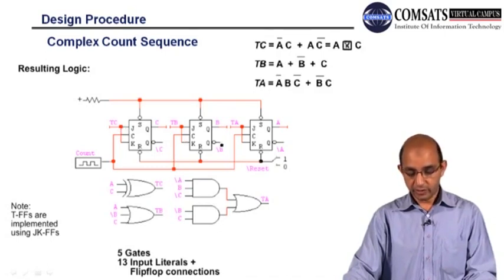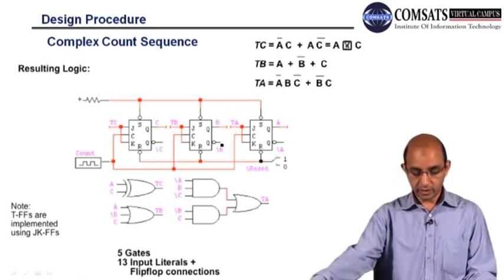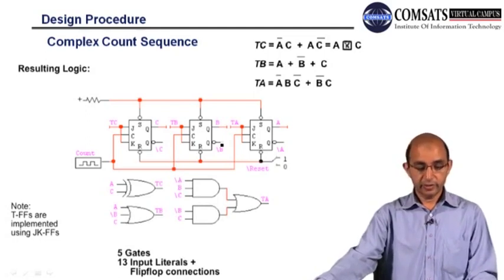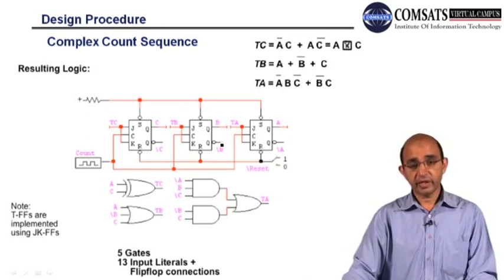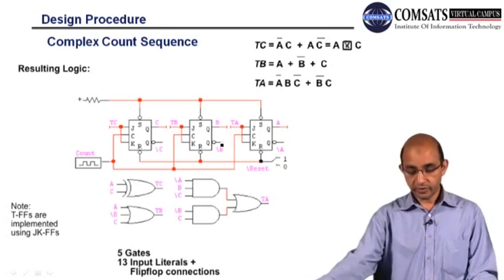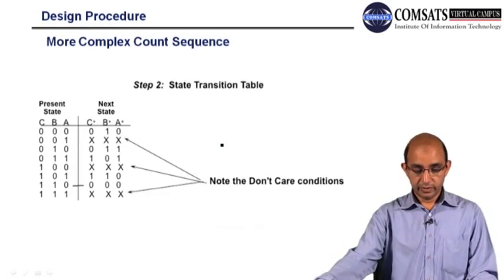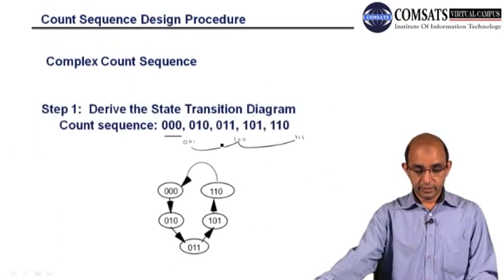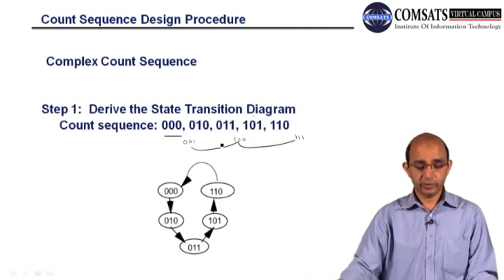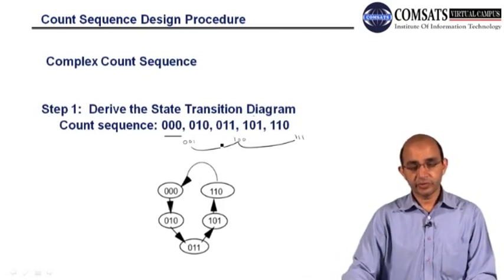So actually they are JK, but in fact they are now converted into T flip-flops, and they provide the same excitation and truth table. So this is the circuitry for counting this sequence. That's all for today's lecture.